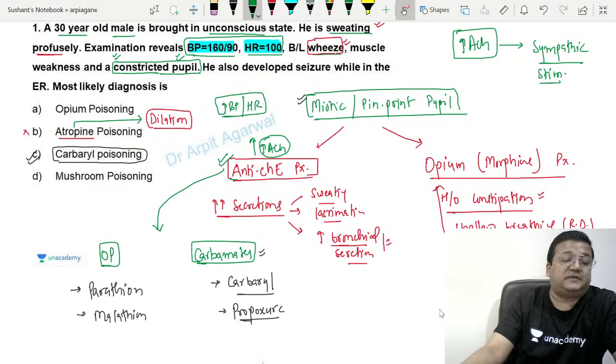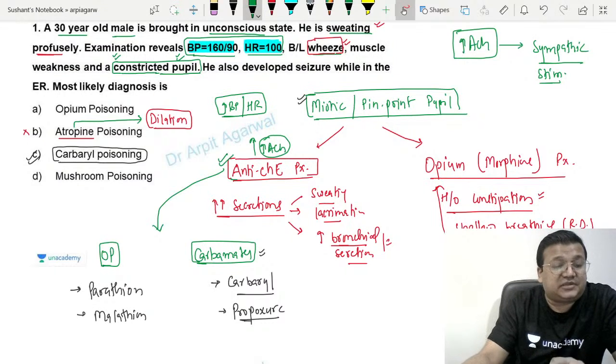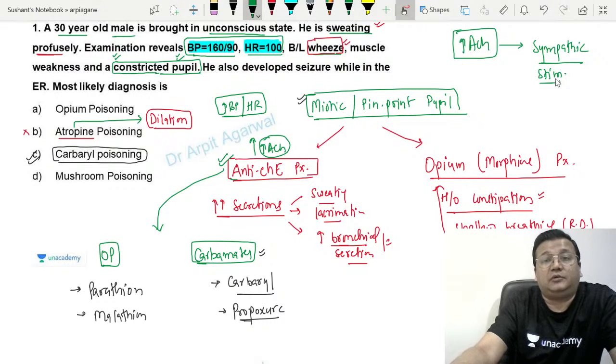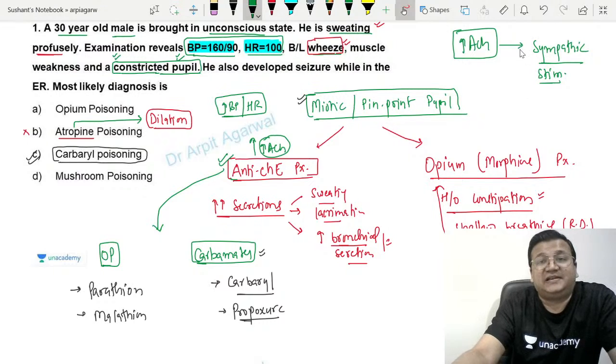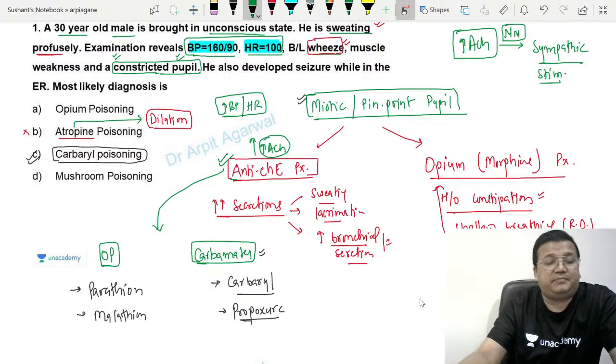Simran, Maitri, Aditya, Nivita, tell me, can acetylcholine stimulate the sympathetic system or not? Answer is yes. How? By acting on nicotinic receptors in sympathetic ganglia.